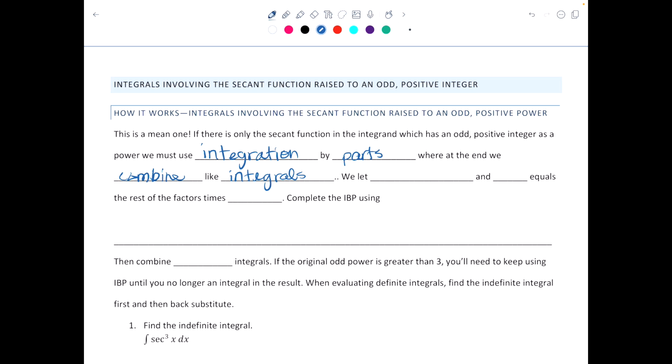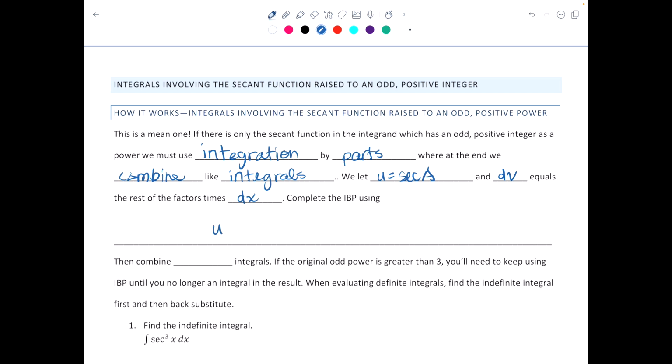So we let u equal secant at x, or I'm going to just say a so it's more general, and our dv equals the rest of the factors times dx.